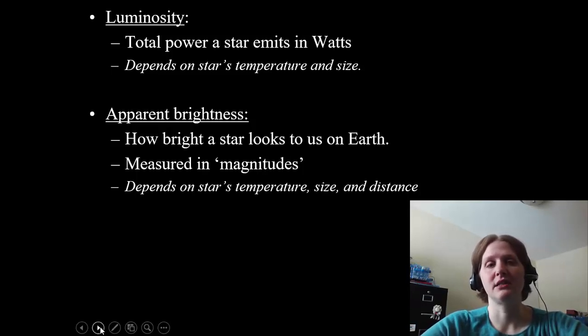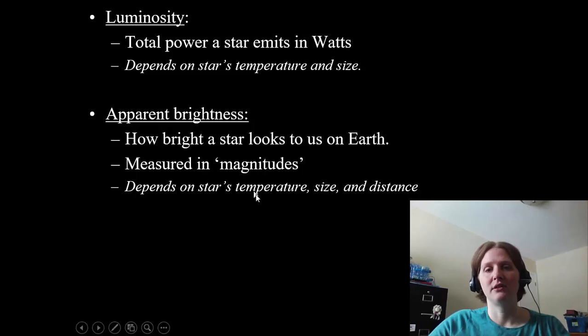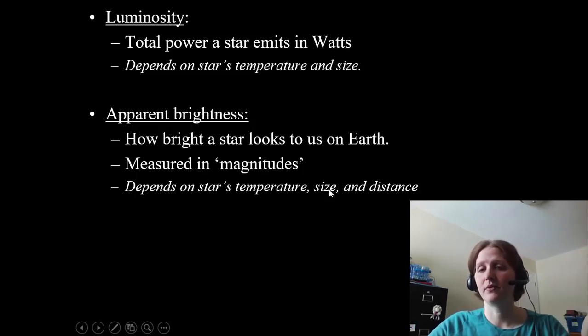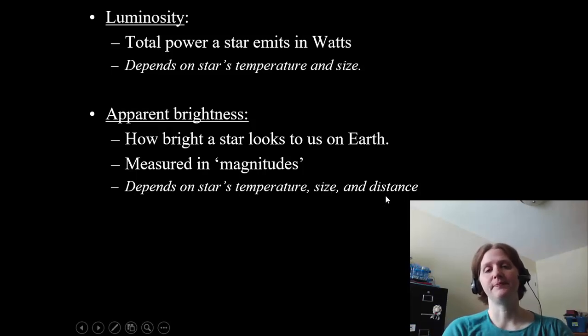Apparent brightness is how bright a star looks to us on Earth. So the further away something is from you, the dimmer it will look. And so we measure that in magnitudes, which is a historical unit, so it's a little bit backwards. We'll get to that in a second. How bright it appears to us on Earth depends on the temperature and the size, just like the luminosity did, but now also the distance.